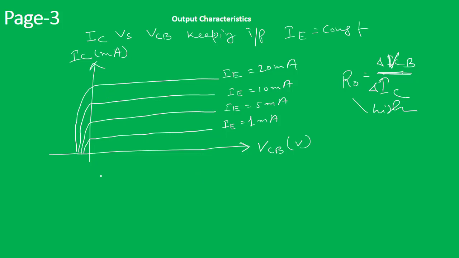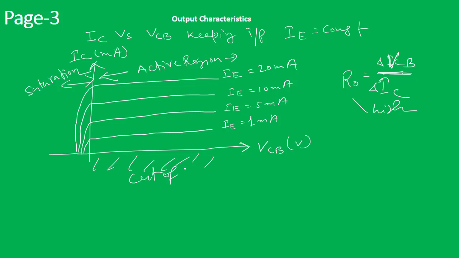Now these regions, if we analyze, you can see that there are three regions. This region we call the saturation region. This region we say the active region, and this region we say the cutoff region.